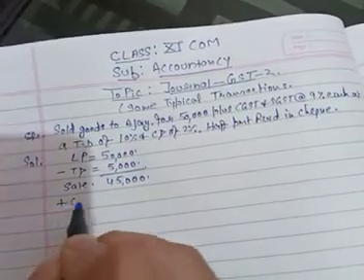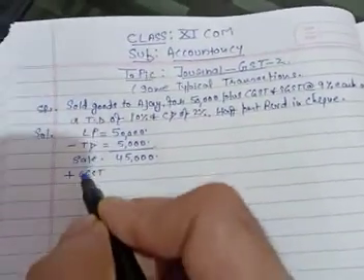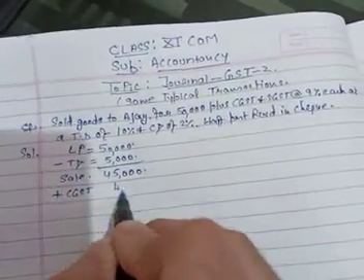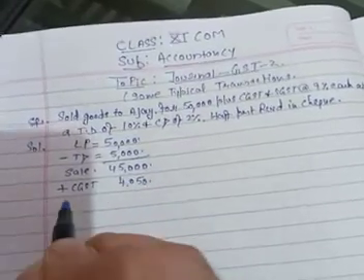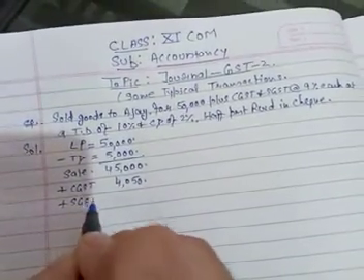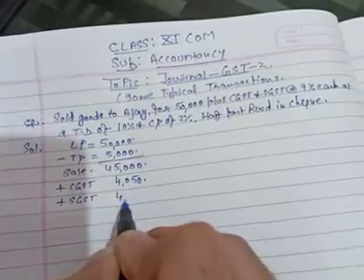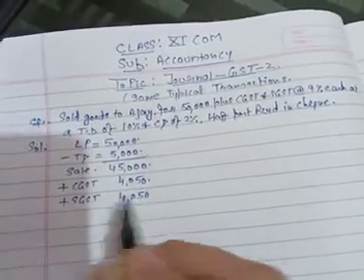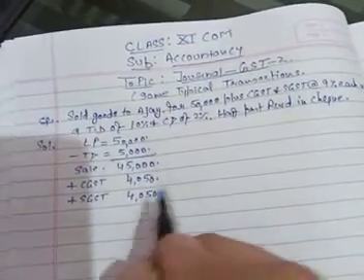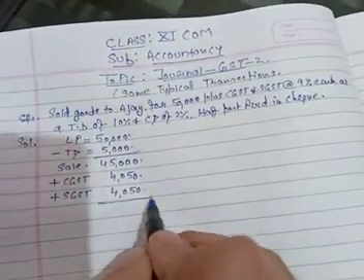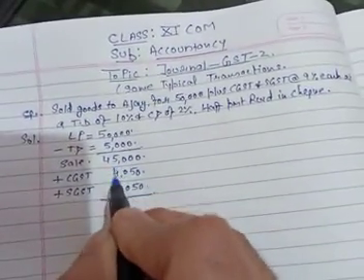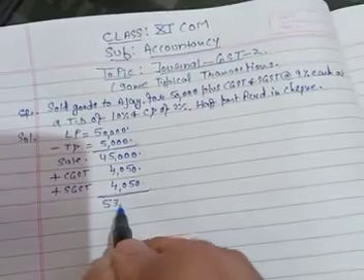Now CGST 9% comes out to be 4050, and 4050 is SGST. So the total comes out to be 49,100.